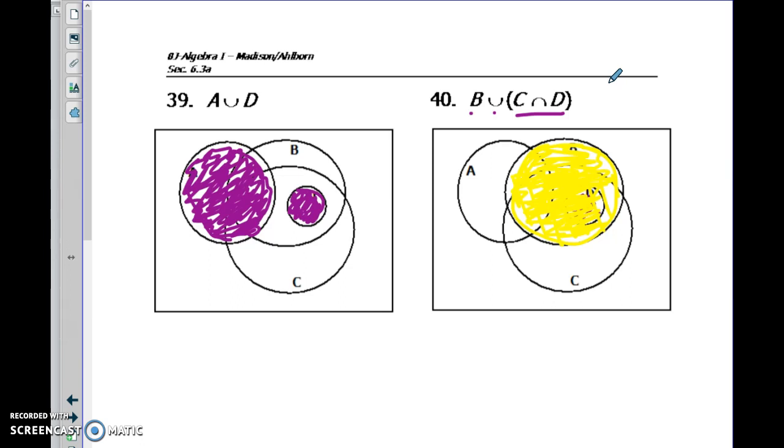Like they have band and they have choir, so they're in both. That overlaps. The union, which is the upside down U, indicates I want all of the students in band, all of the students in choir. They don't have to be in both. The only thing that gets them into the set is the fact that they're in one of them. So if they're in one of the sets, then they get included.